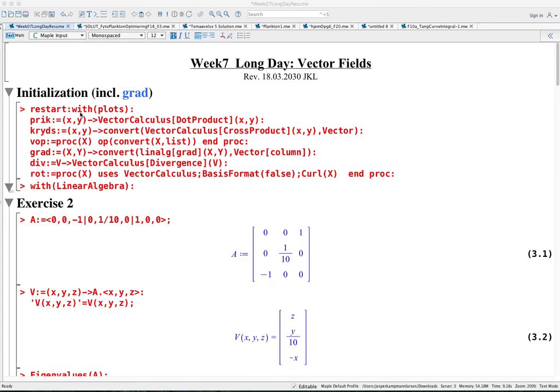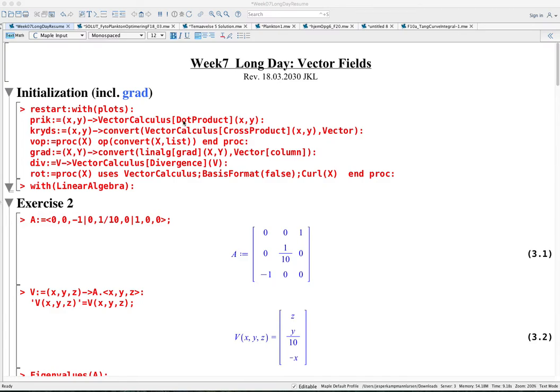I'll start by showing you some of the extra commands that you will need in order to do vector calculus, and I have chosen to show you the commands in Danish because many of the Maple demos use these Danish expressions. I have here listed the initialization that you could use.